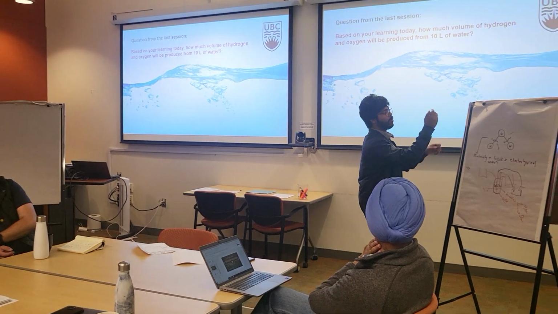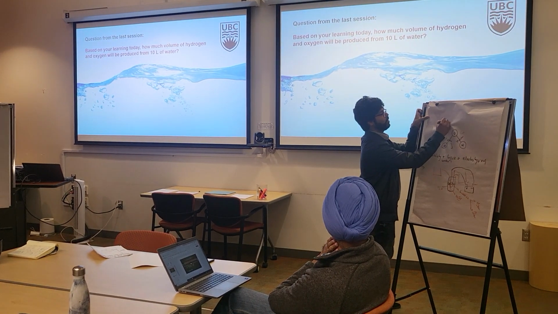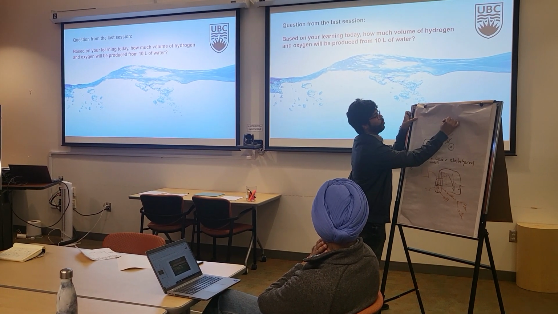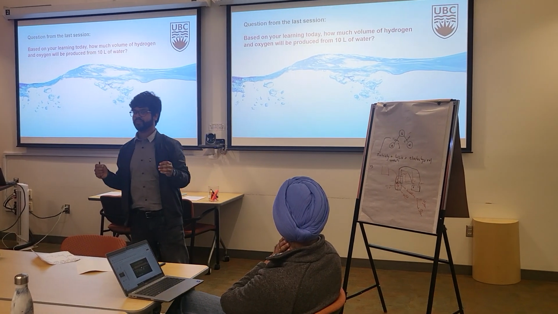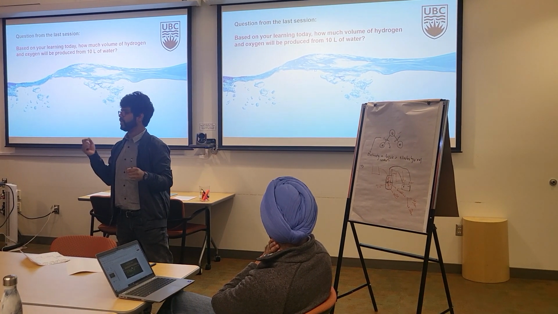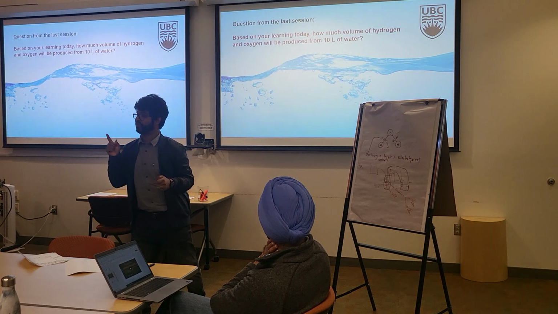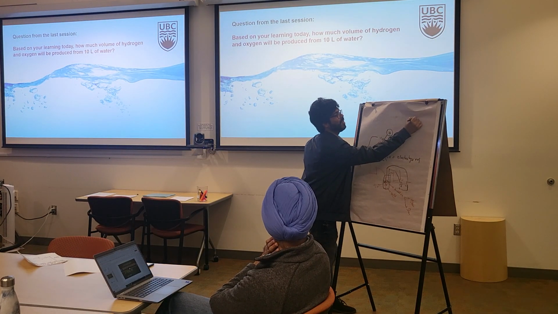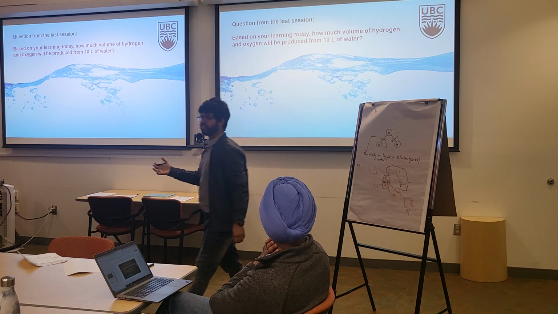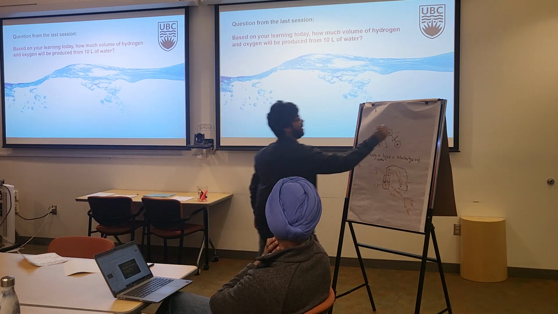Theoretically, so what is the equation? You have water, and you go to, what is the formula of hydrogen gas? Anybody? Just hydrogen gas. H2, plus, what is the formula of oxygen gas? Great.